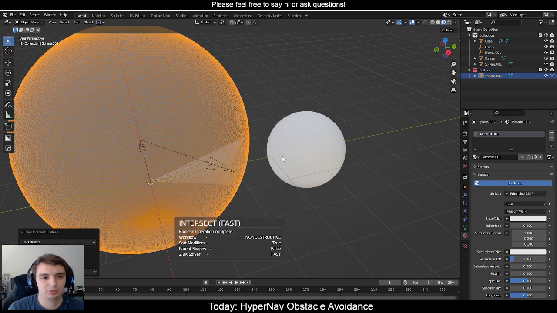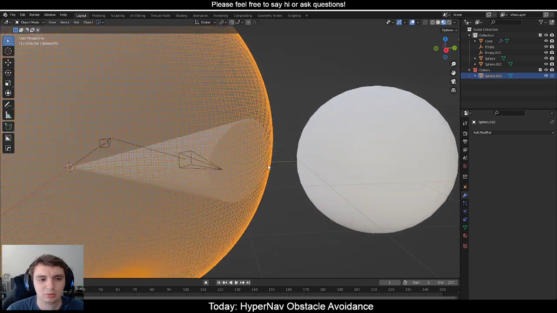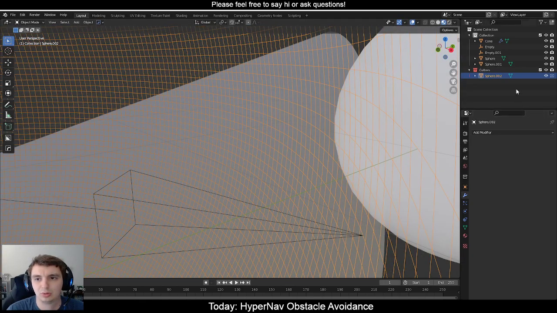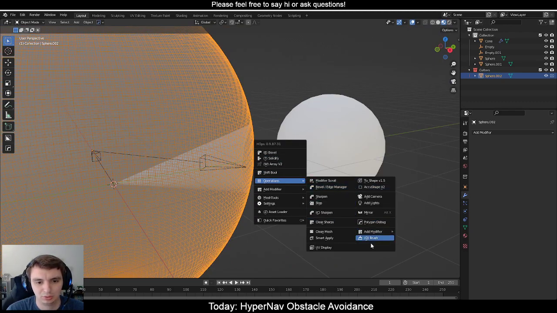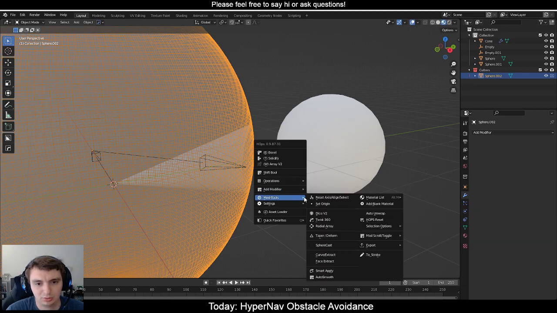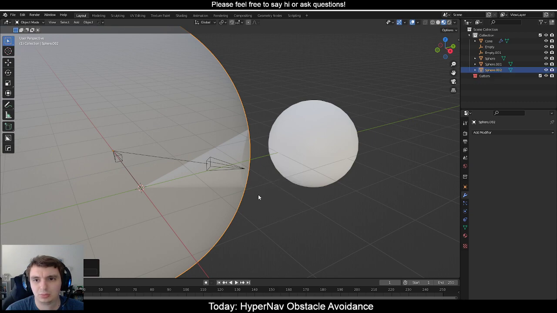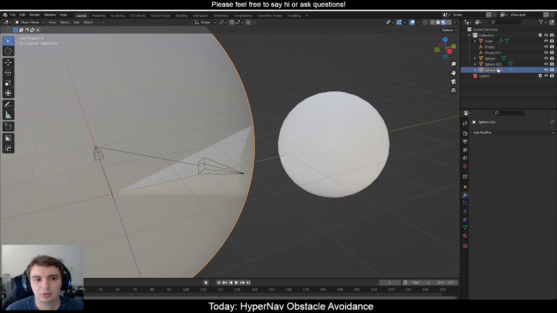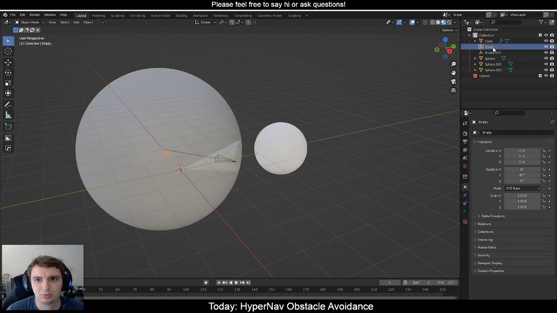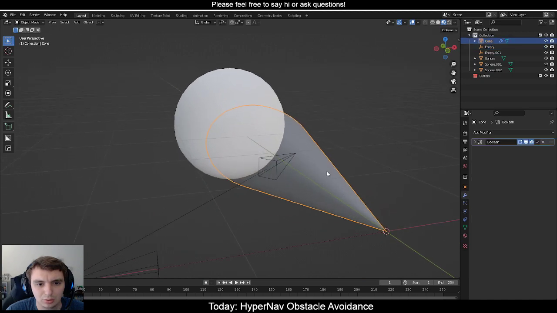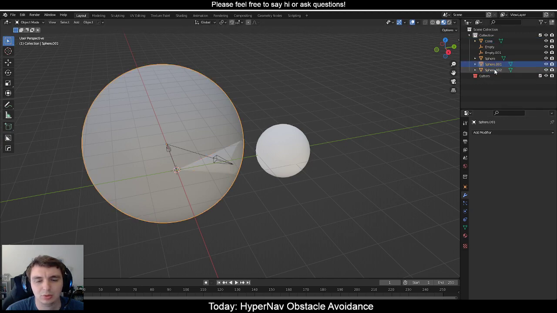Forget how to reset this. Then for this join thing, I want to apply that Boolean. Why are there two spheres here now?